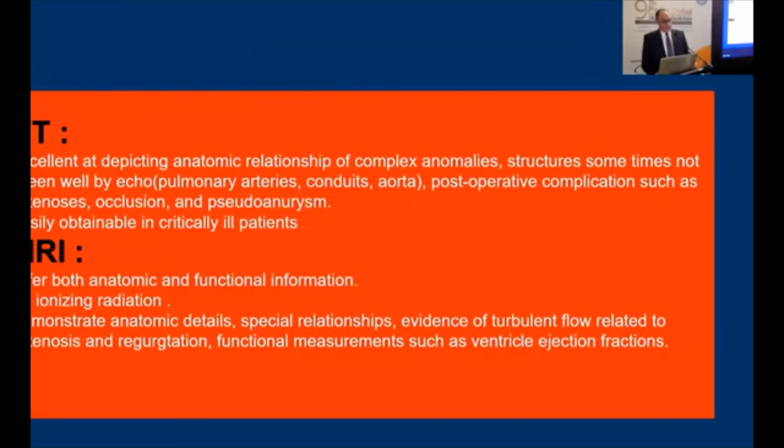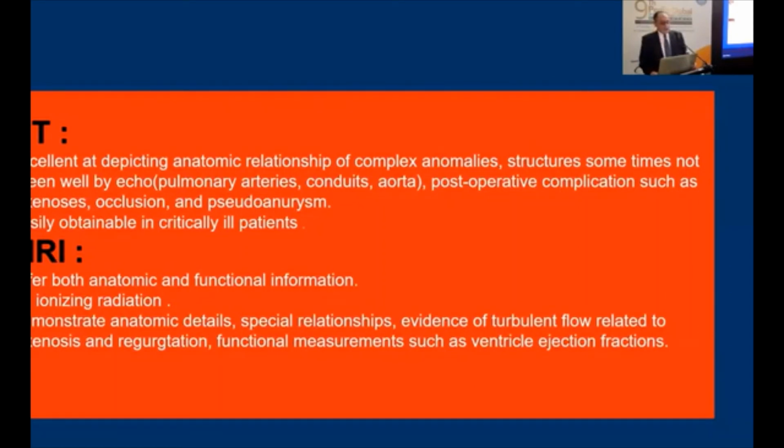CT scan is an excellent method that can explain the anatomic relationship of complex anomalies and structures that couldn't be seen by echography, especially the pulmonary artery conduit and the aorta, and post-operative complications such as stenosis, occlusion and pseudoaneurysm.